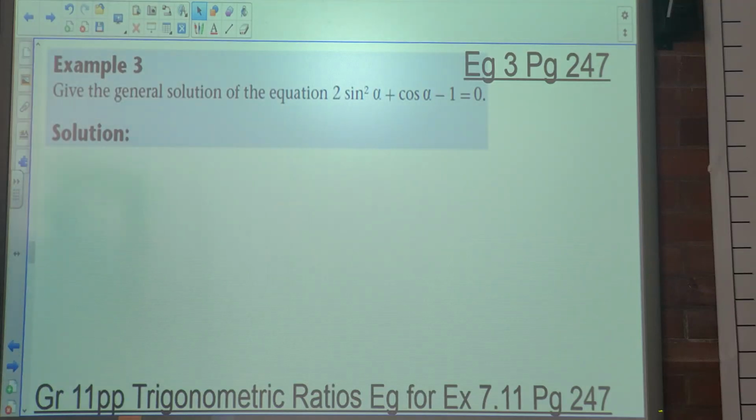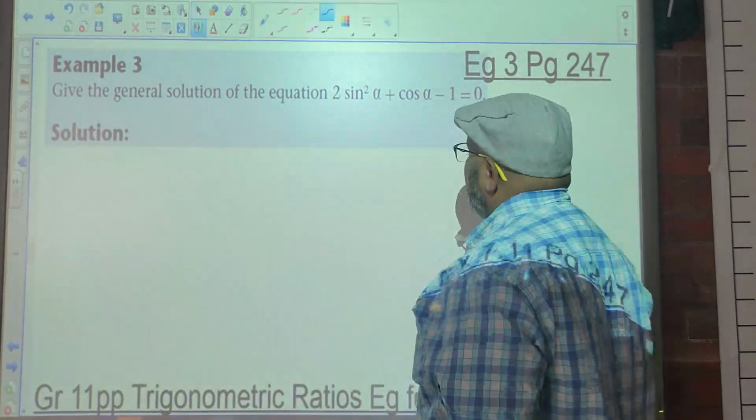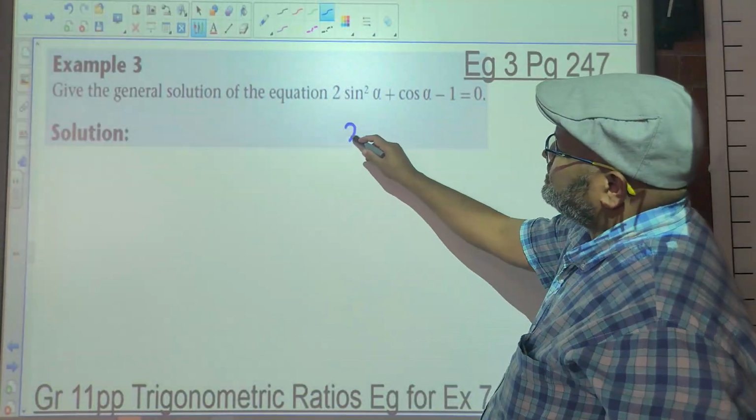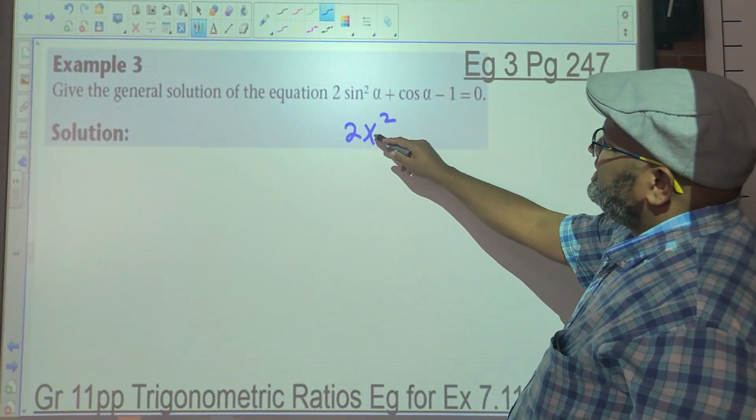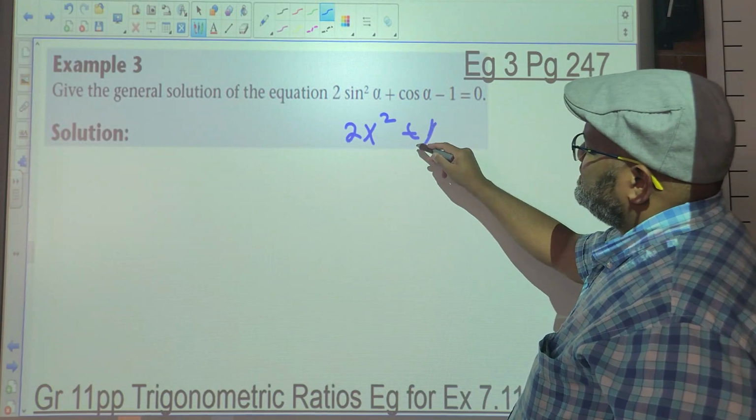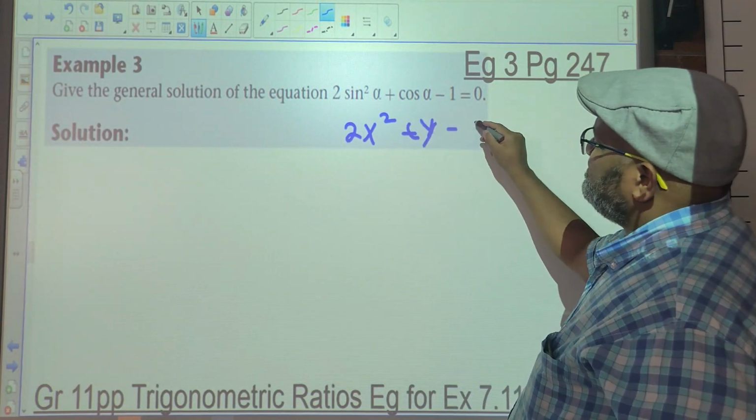Well, what does this remind you of? What do you see here? Quadratic. But if x is sine and y is cos, then we're having something looking like this: 2x squared plus y minus 1.